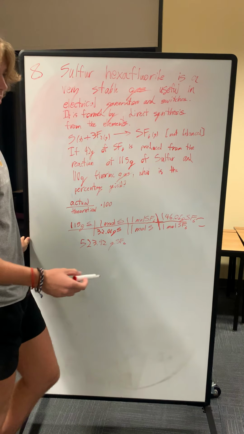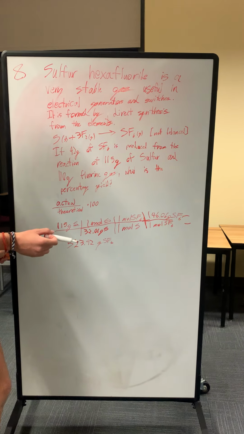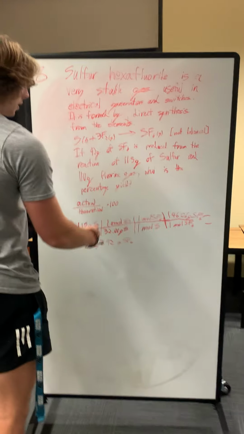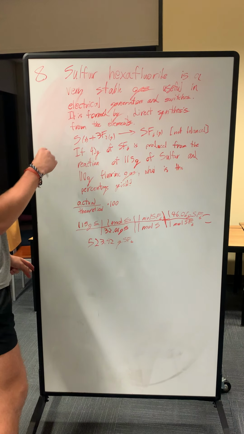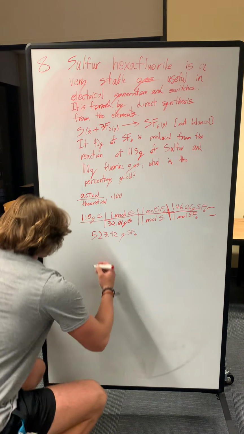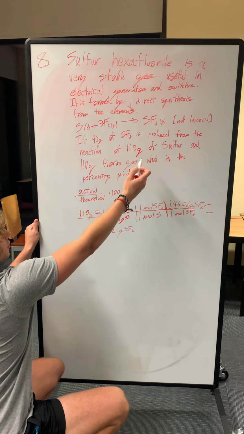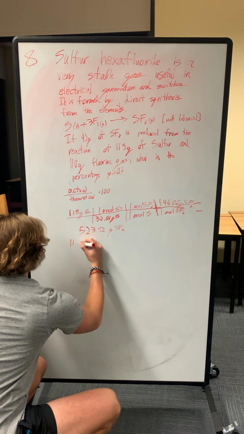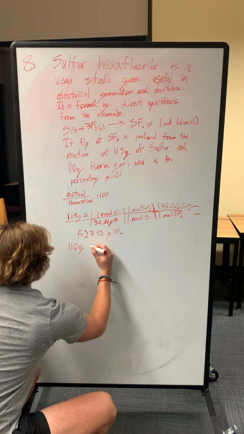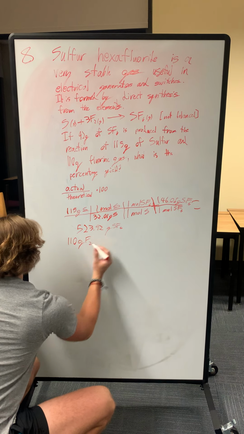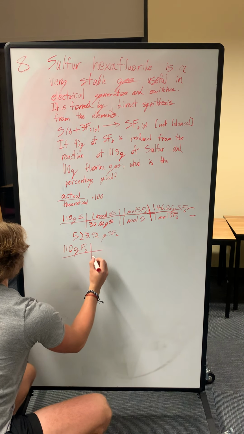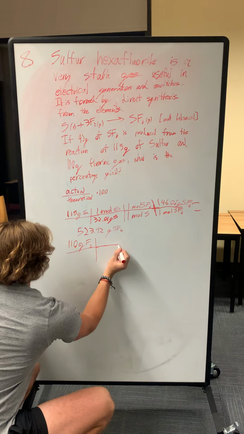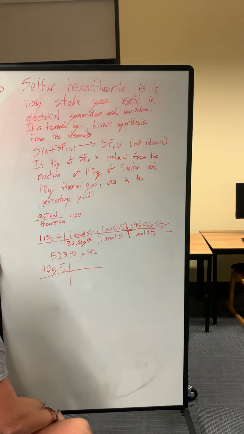So this number is how many grams of SF6 you get from this number, 115 grams of sulfur. Next you're going to find this again, but for fluorine. So you're going to go what it gives you, 110 grams of F2 for the fluorine.